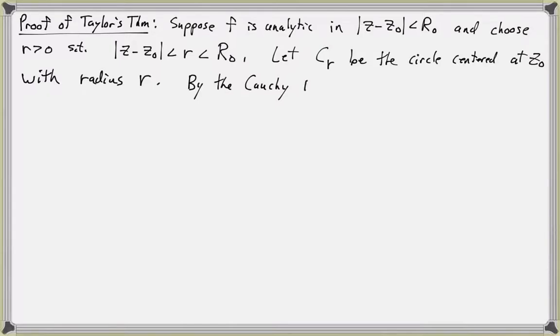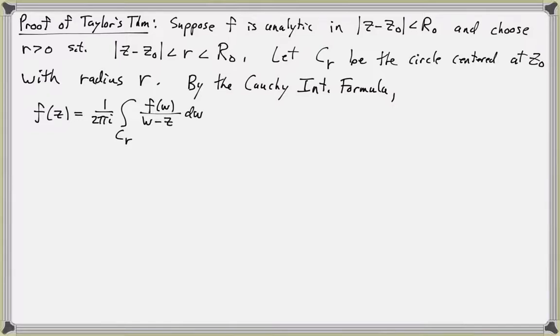By the Cauchy integral formula, we can write a formula for f of z. f of z can be written as 1 over 2 pi i times the integral over C sub r of f of w over w minus z dw.